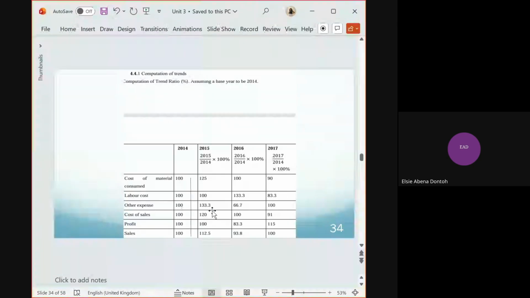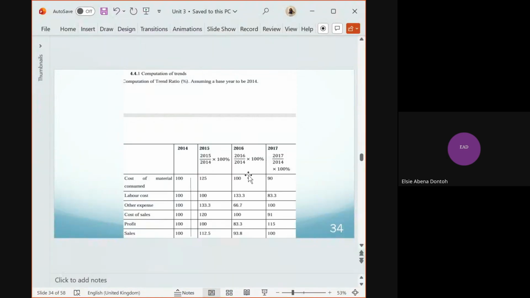Other expense, 133.3, 66.7 and then 100. Cost of sales, 120, 91. Profit, 115. Sales, 112.5, 93.8, and 100.